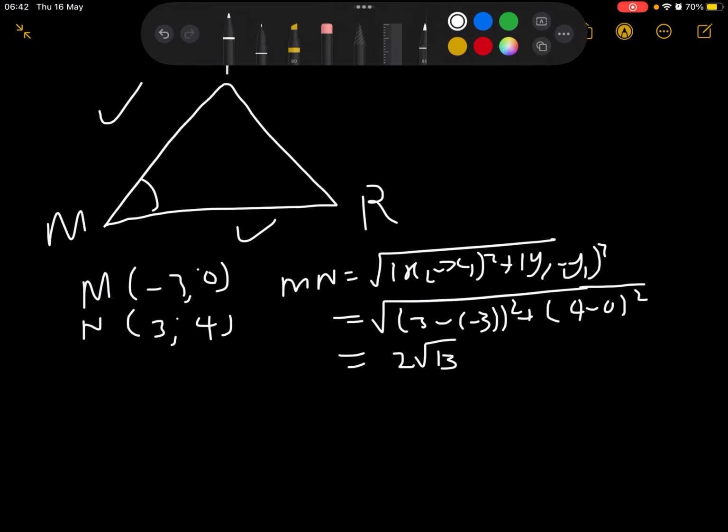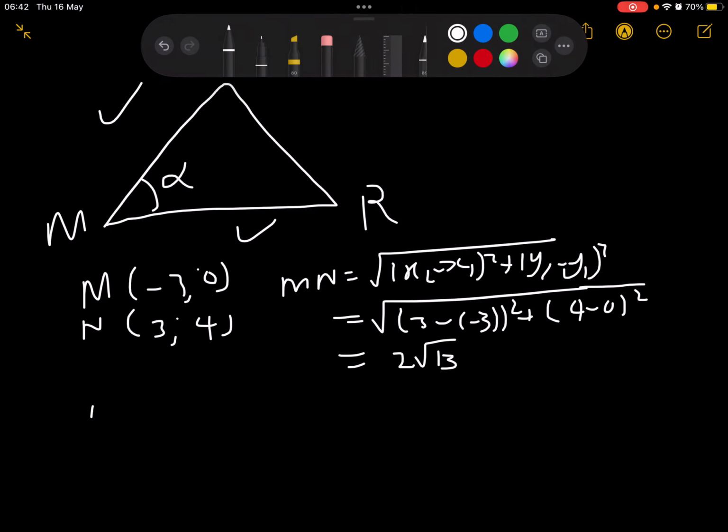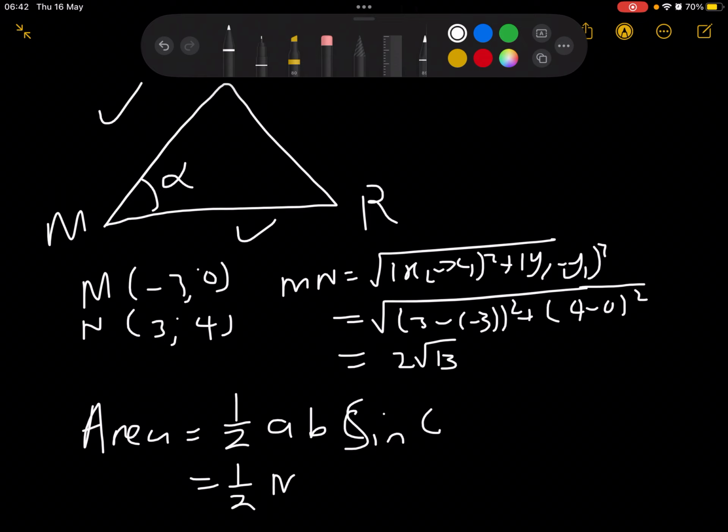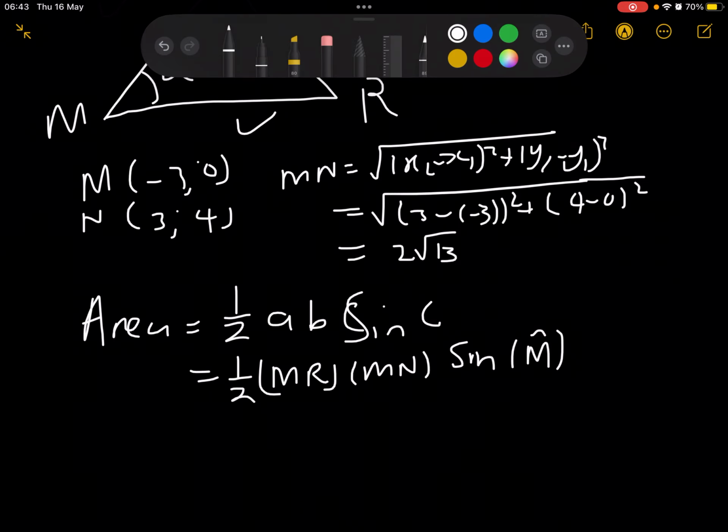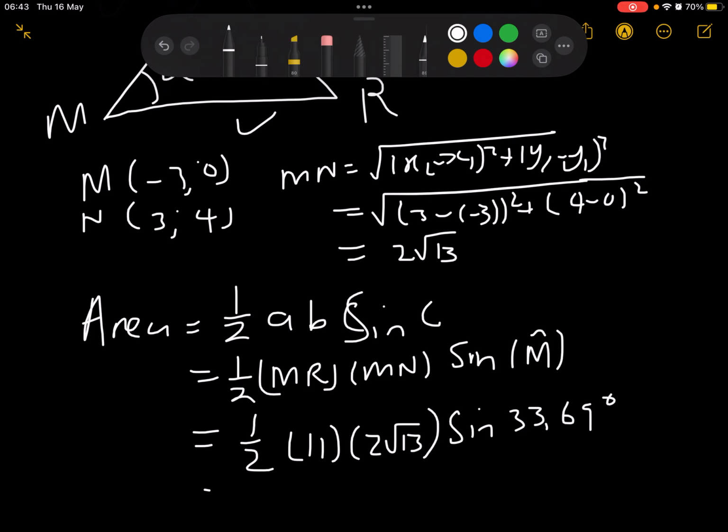Now, this means we can use the area is equal to half ab sine C, which will be half MR times MN sine of angle M. Substituting all of that, we then get half of 11 times 2 root 13 sine of 33.69 degrees, which is equal to 22 square units.